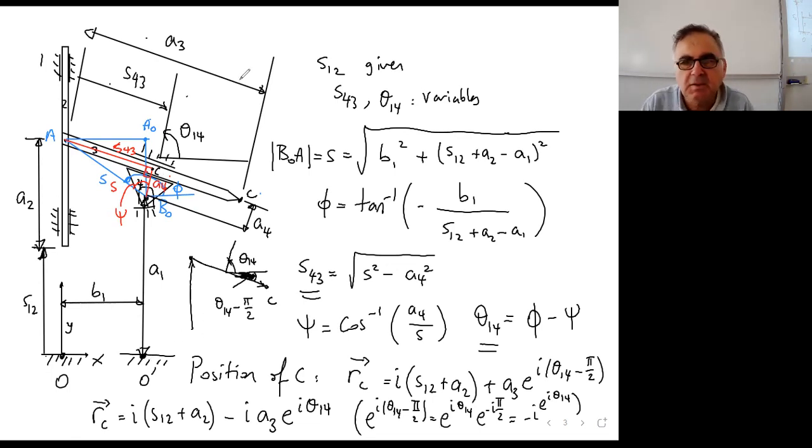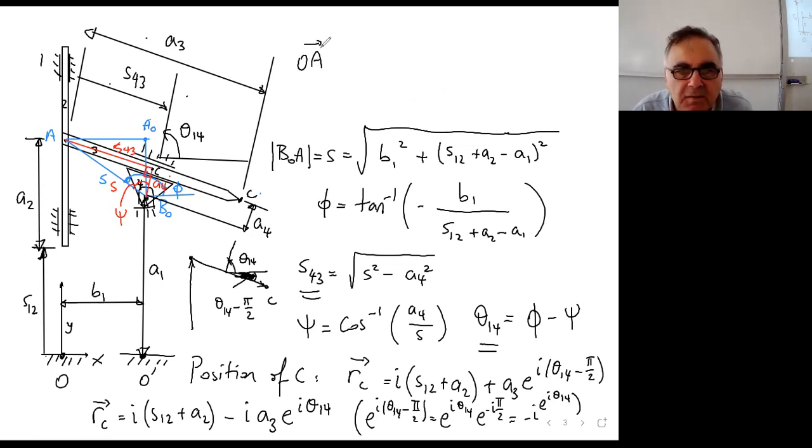so let me write it here so that you can see it as well. OA vector is equal to OO prime vector plus O prime B0 plus B0C plus CA.